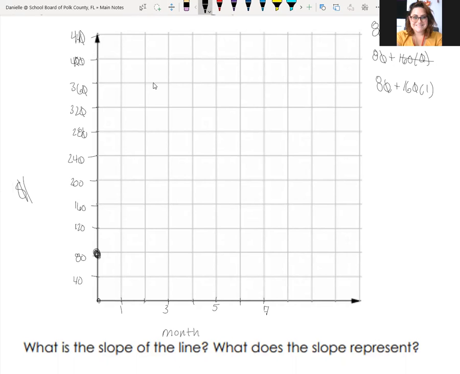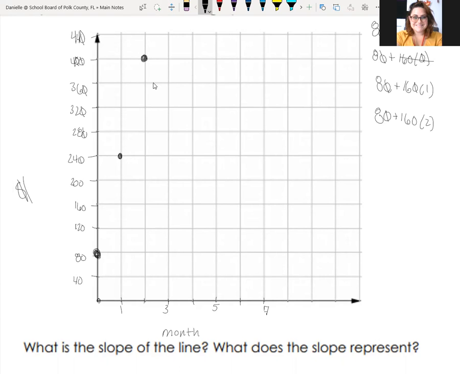So at 1 month, we've spent $240. What happens at month 2? 80 plus 160 times 2 is going to give us 400. So at 2 months, we will have spent $400.